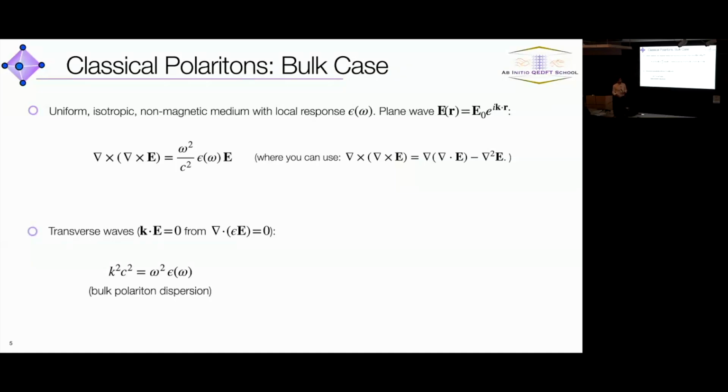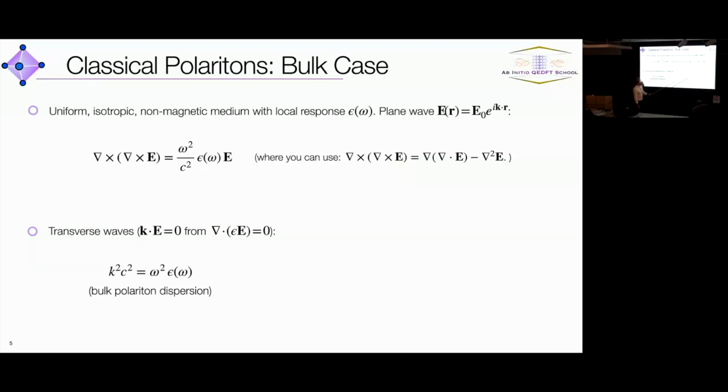That's the form of the equation that we want to solve. And you can have two types of solutions of this equation. You can use the relation that has been mentioned a couple of times, where the double curl becomes this expression. And then you have two categories of solutions. You have transverse waves. This is the case for which the propagating wave vector is orthogonal to the electric field.